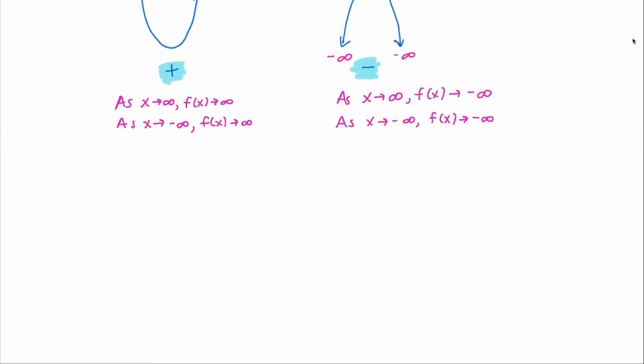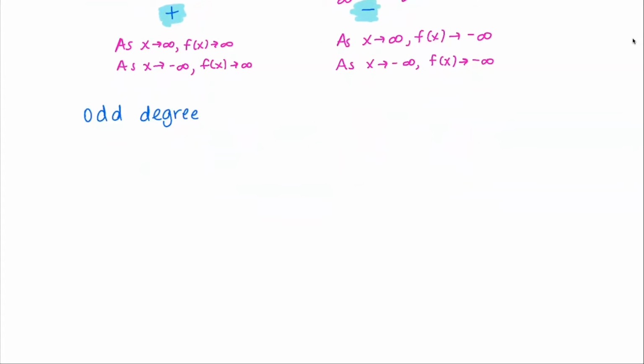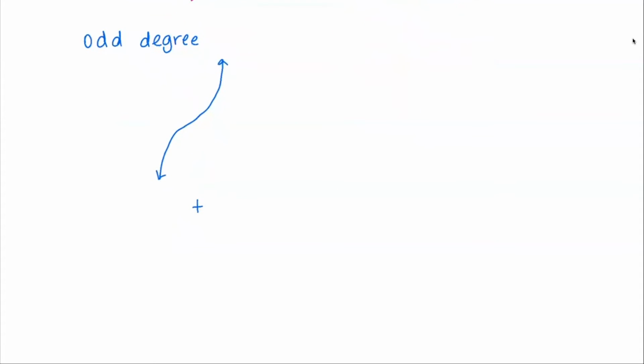We also looked at an odd degree, so an exponent that might have an odd number. We know that it behaves like a cubic function. So the cubic function we graphed earlier this week with a positive leading coefficient is increasing across the entire domain. And with the negative leading coefficient, we notice that the function is reflected and it's decreasing across the entire domain.